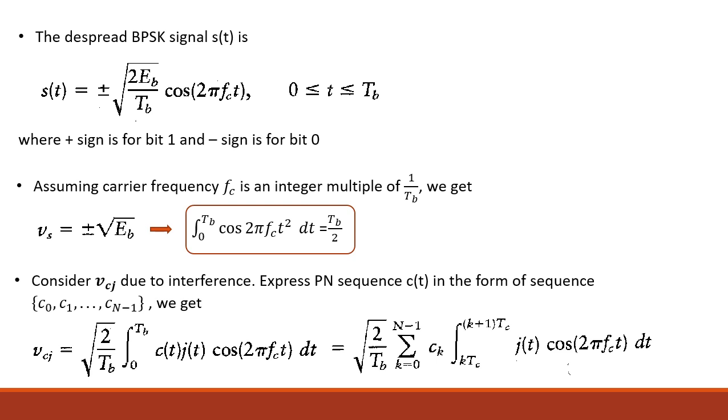So here what we have done is we have substituted for c of t in the form of its sequence containing c0, c1 up to cn minus 1.